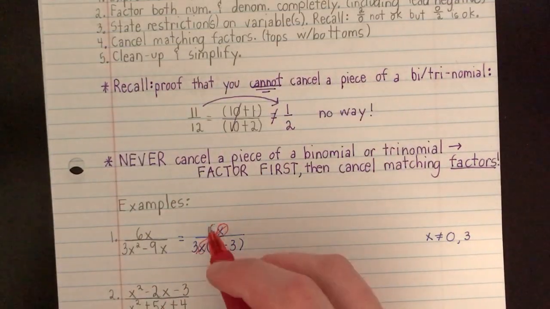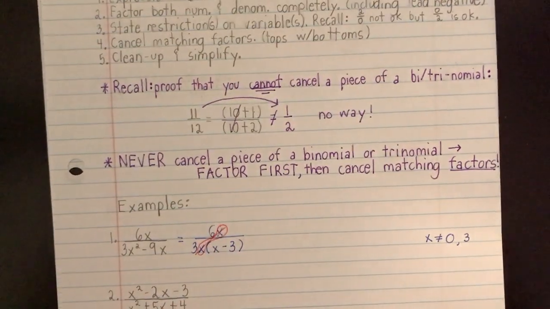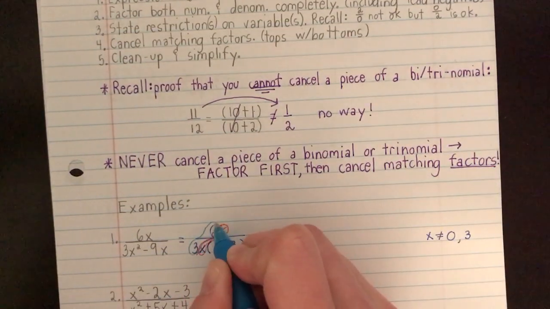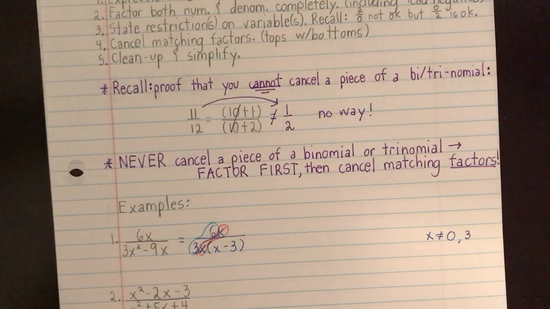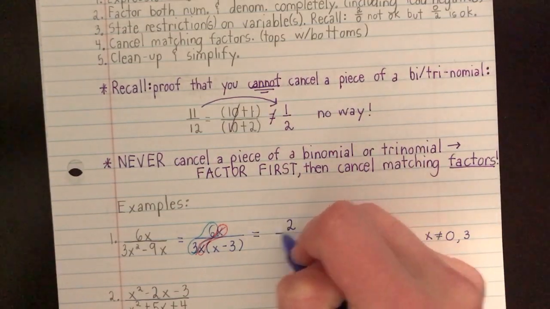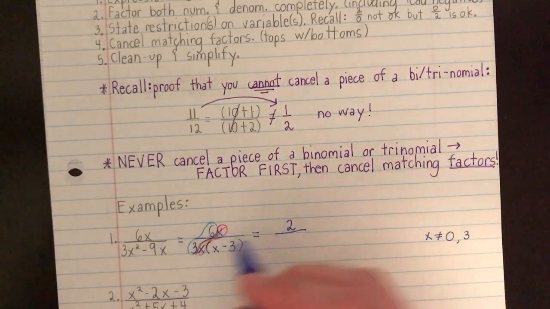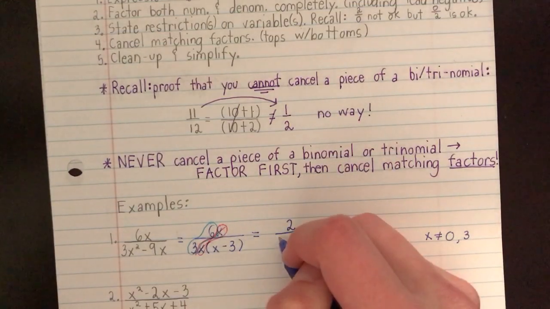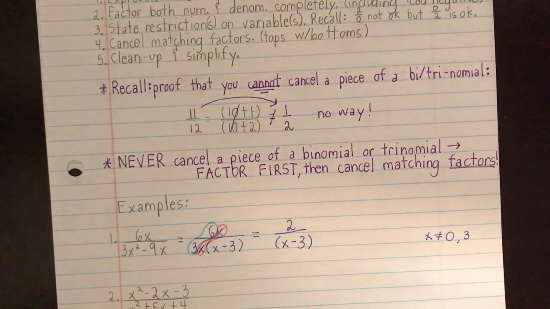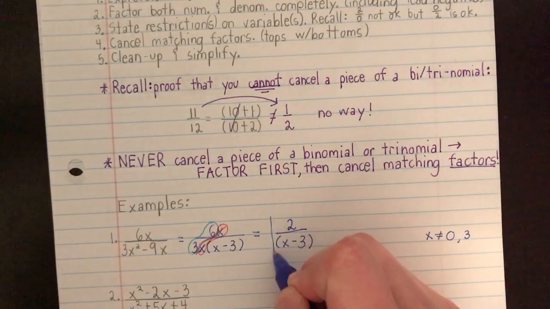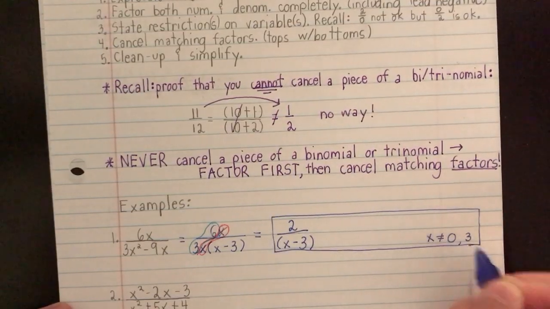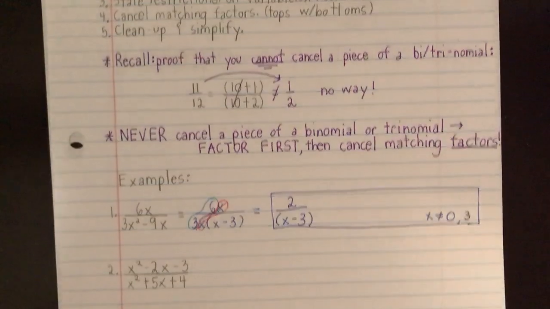Well, I can also simplify 6 over 3. 6 over 3 simplifies to 2 over 1, or in other words, just 2. So I have 2 on top because the x is canceled. I have 1 on bottom, but I don't really need to put it. And then x minus 3 also stays on bottom. So my answer is this, including my restrictions of x cannot be 0 and x cannot be 3.